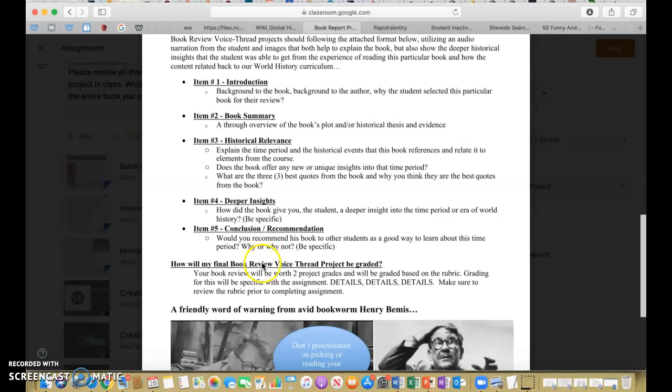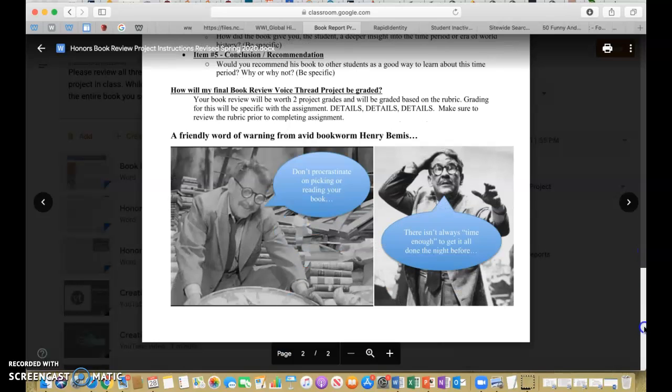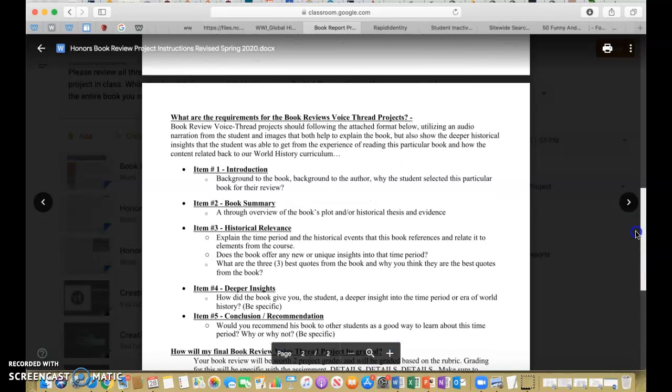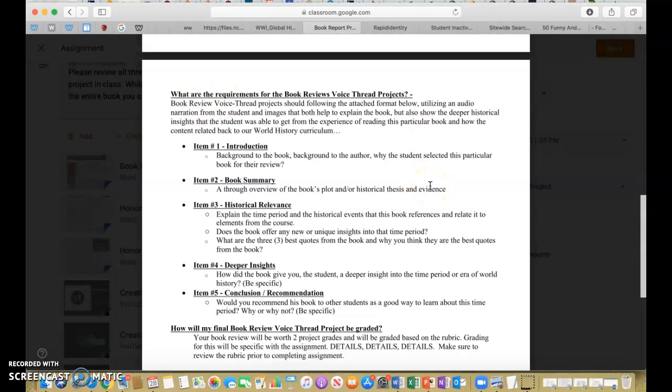Of course, I've given you a rubric for this that you can find on the other page. But I want you to also understand as you're thinking through this, how long should this be? Is Mr. Carroll wanting 30 minutes of speaking and images? No, I'm not looking for 30 minutes.